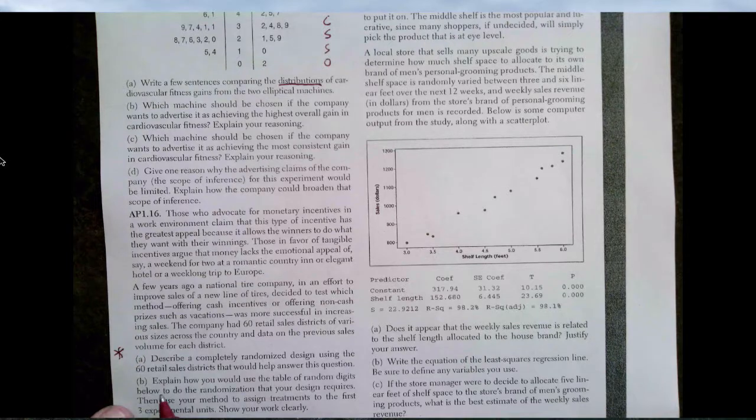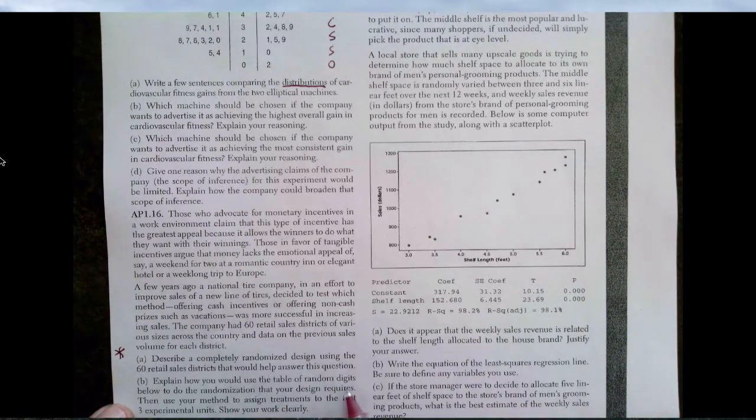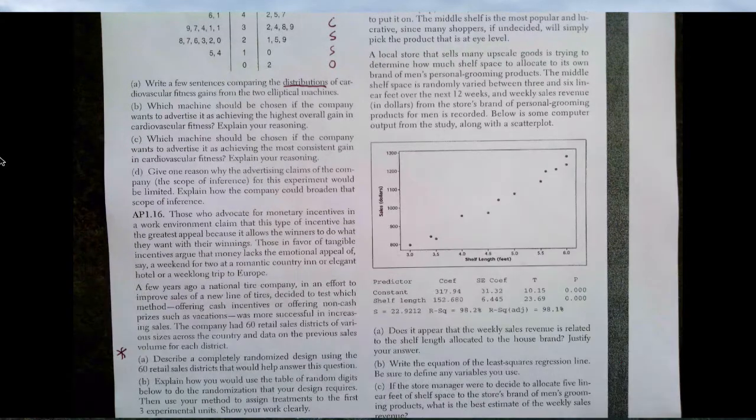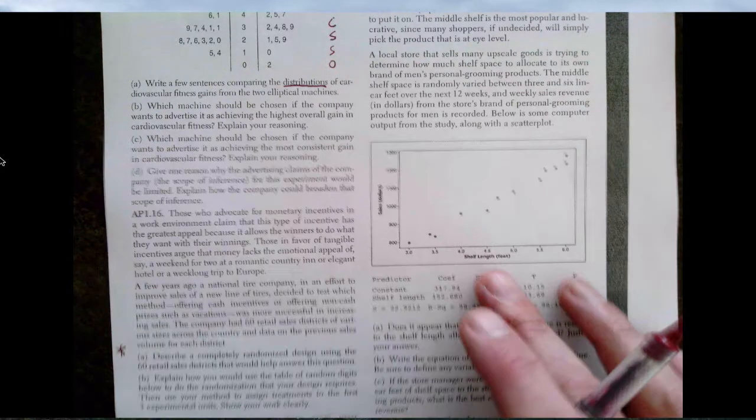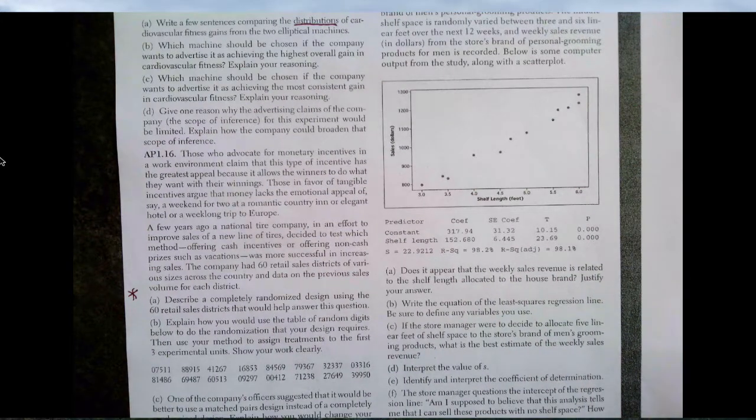All right, B. Explain how you would use the table of random digits below to do the randomization that your design requires. Then use your method to assign treatments to the first 3 experimental units. Show your work clearly. Since they're using a table, we could number all of the districts 1 to 60.